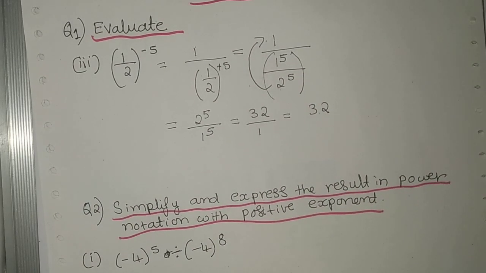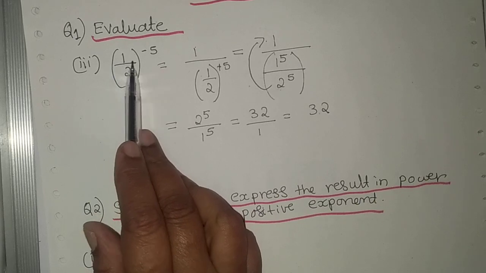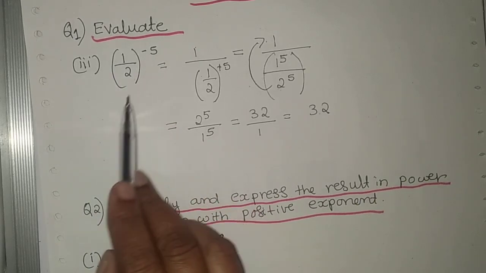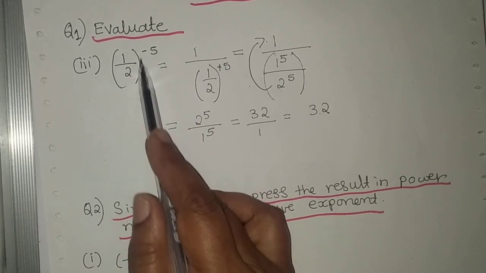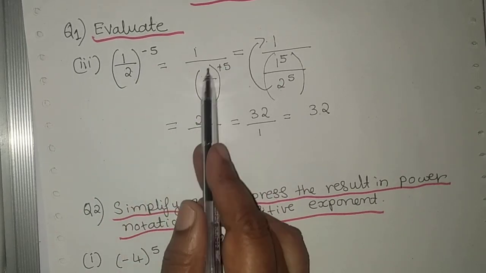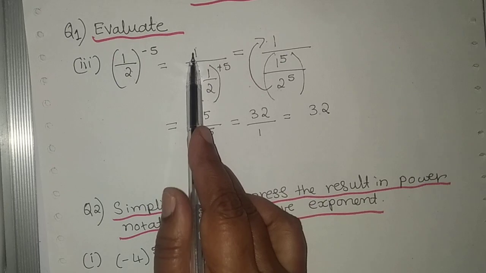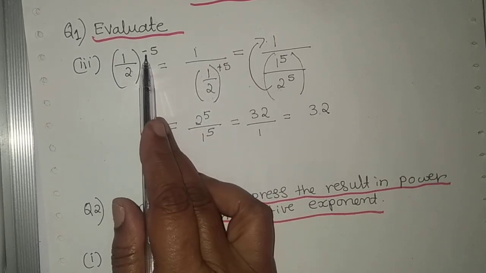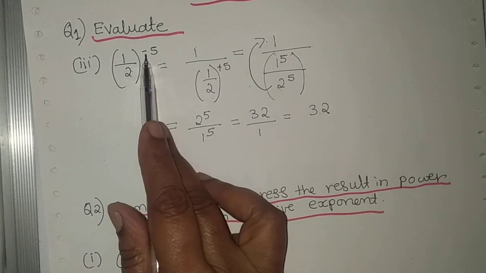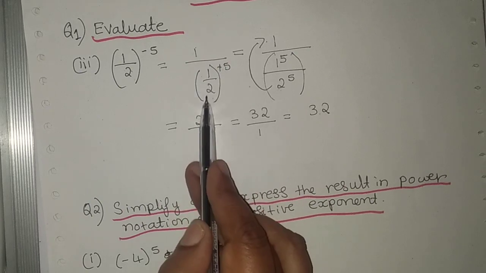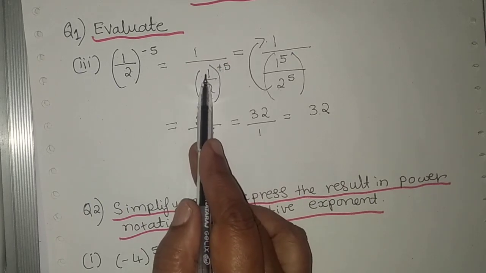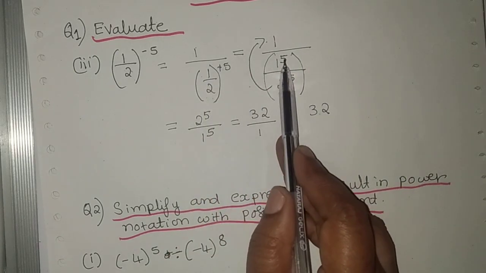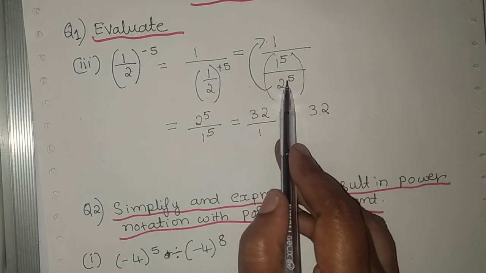Once again I will explain this problem. They have given 1 by 2 to the power of minus 5. We take this whole 1 by 2 to the denominator. So 1 by 2, this minus power becomes plus here. Then split this, means take 5 inside the bracket. So this becomes 1 to the power of 5, 2 to the power of 5.